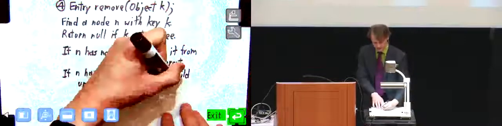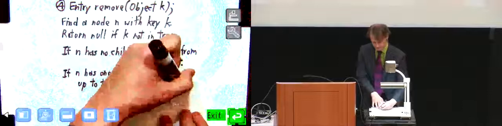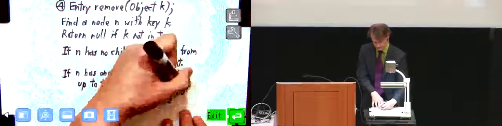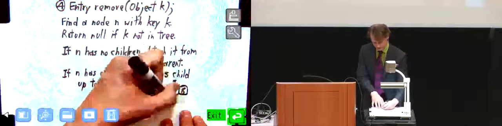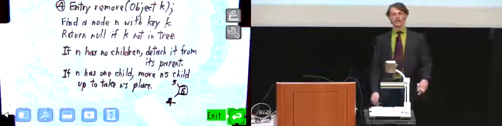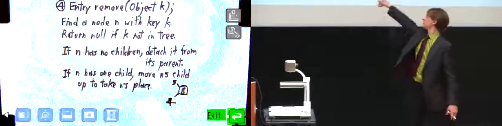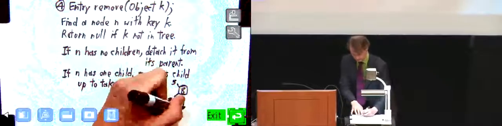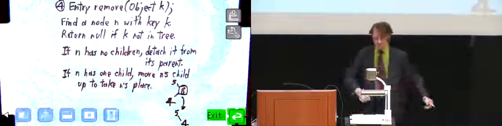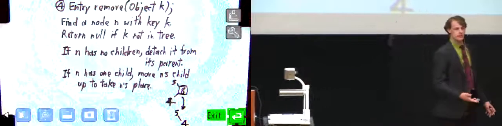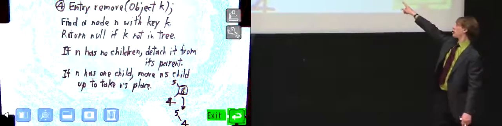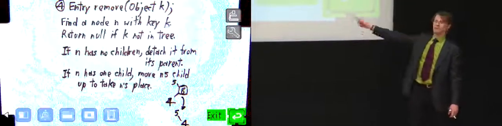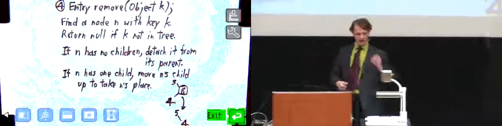For instance, if you had 5, 8, 4, and you wanted to remove the 8, then the 4 just moves up to become the child of the 5. That means you have to adjust the 5's right child pointer and the 4's parent pointer. And then the 8 is gone.